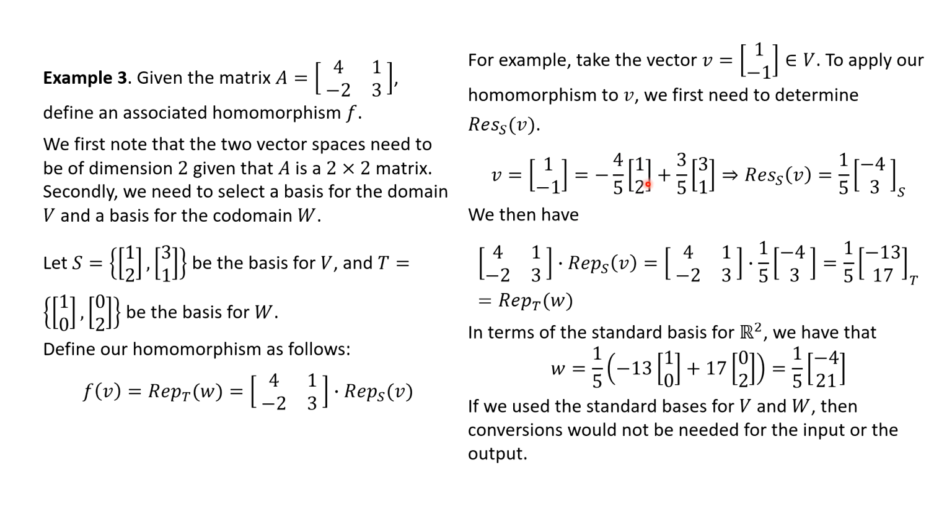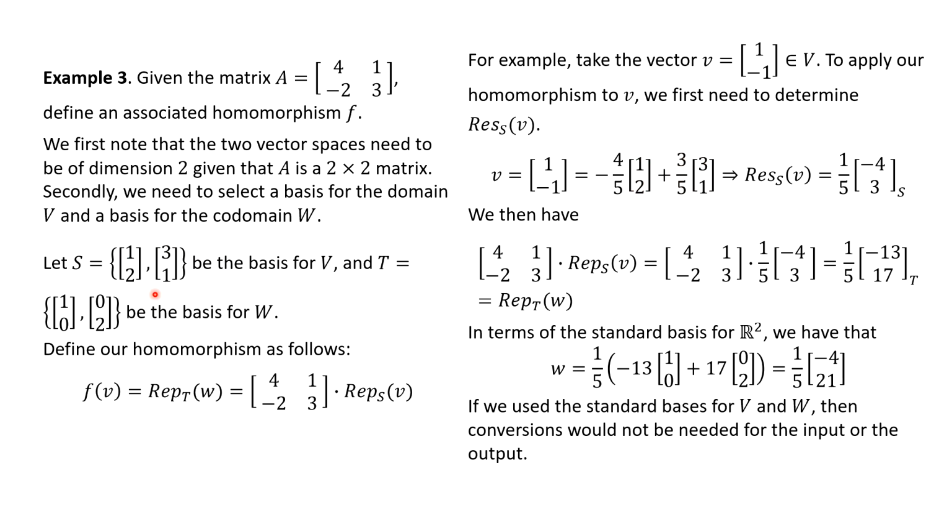What you need to do is write x times (1, 2) plus y times (3, 1) equals (1, -1). You get two equations, and then you solve for x and y, which I've done, and this is the result here. So you have -4/5 (1, 2) plus 3/5 (3, 1).